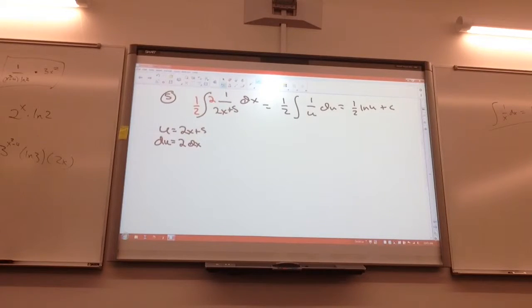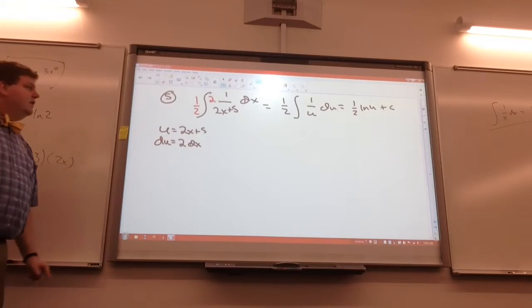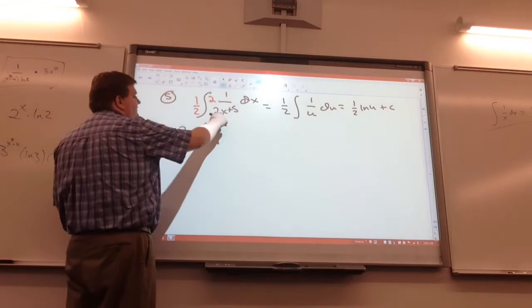What's another way I could have done this? Did I actually have to use a u substitution? Could I have made my u substitution easier, or done it more like the one before where it was clear it would just directly be equal to the natural log of the stuff on the inside at the bottom? I could have, because I could factor this 2 out.